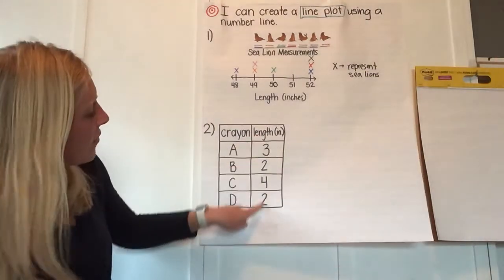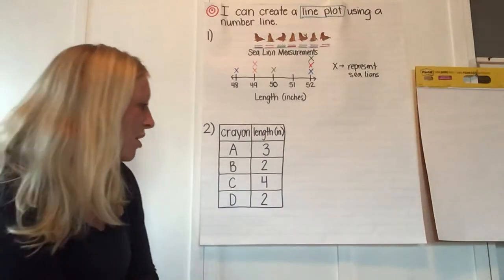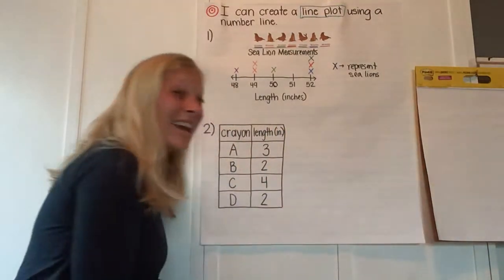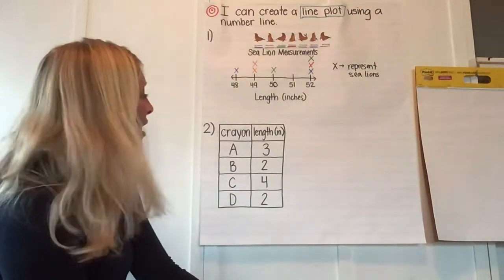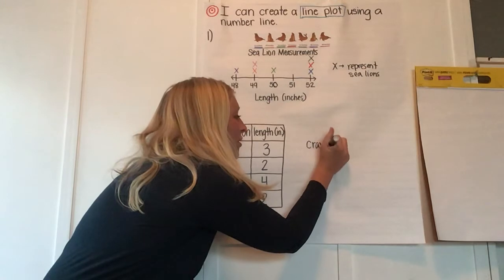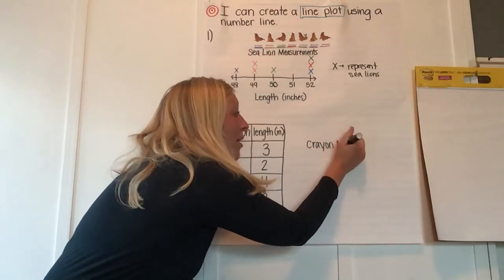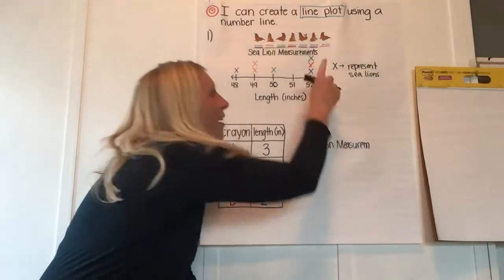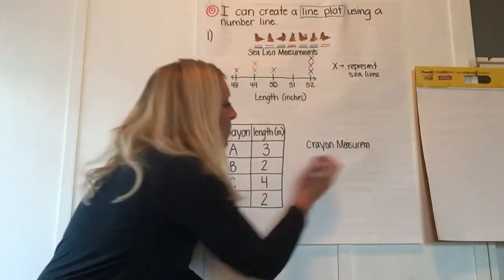It's the length of the crayons that we are measuring, okay? So then if I'm going to give a title to my line plot, what could my title be? Sure, it can be crayon measurements, just like our sea lion measurements up here.